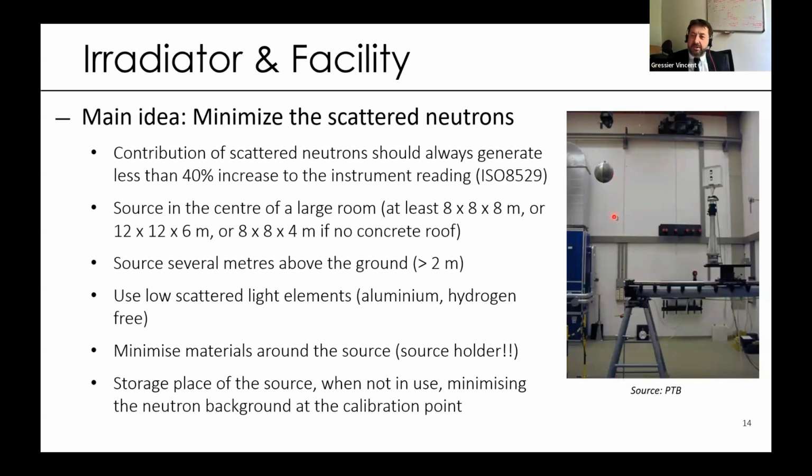This is where they put the instruments. This is a phantom with 2 dosimeters in this picture. Interestingly, when it's not used, they put the source down in a hole filled with water. In such a case, they block all the neutrons coming from the source when not used. So that's something very interesting.